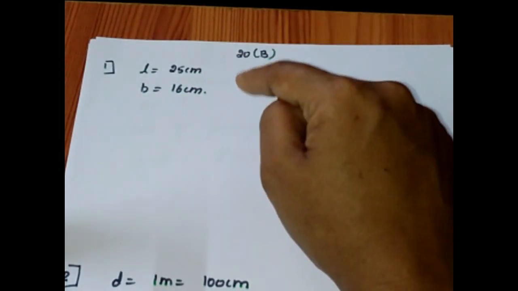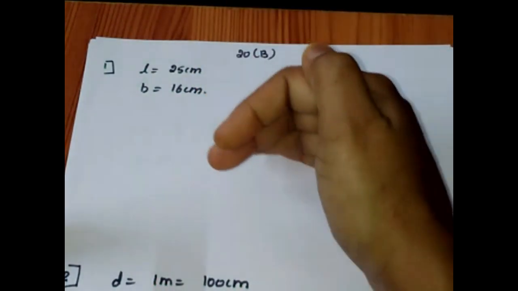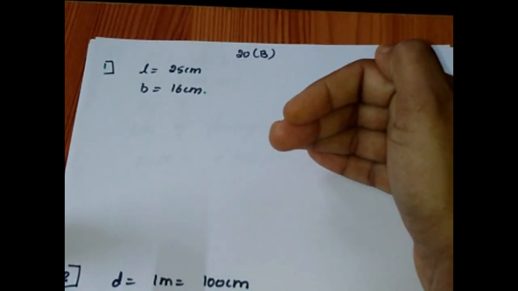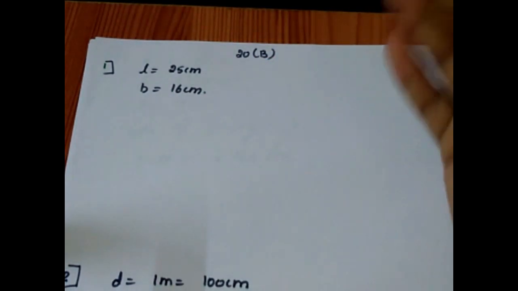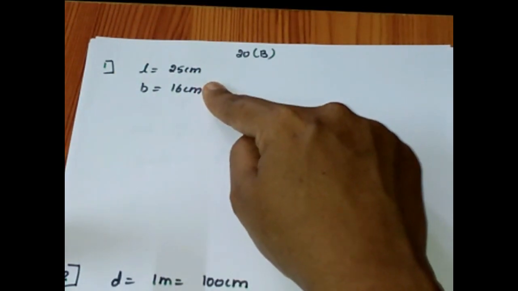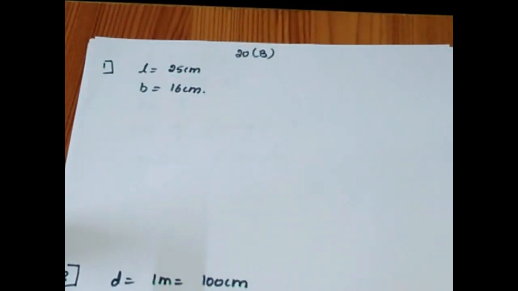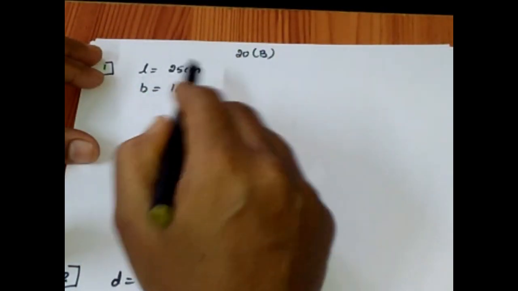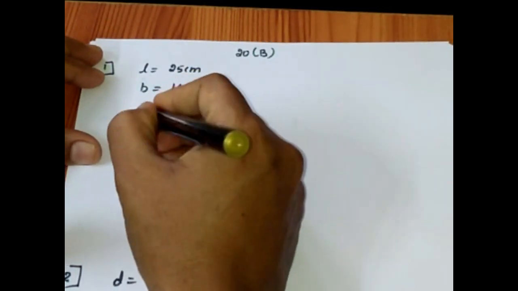As you are already in class 7, you should know that whenever you are doing a mensuration problem, either with area or with perimeter or any values you need to calculate, first see whether the given information is of the same units. If not, convert and make it the same. The question is very simple. Length is 25 centimeter, breadth is 16 centimeter.